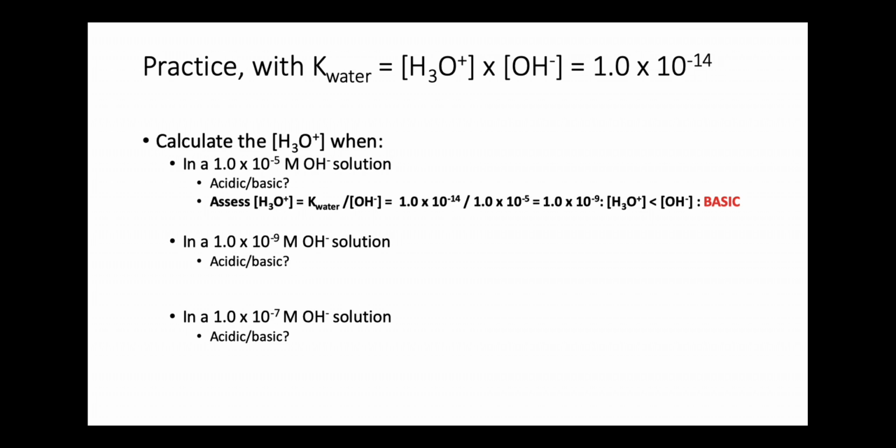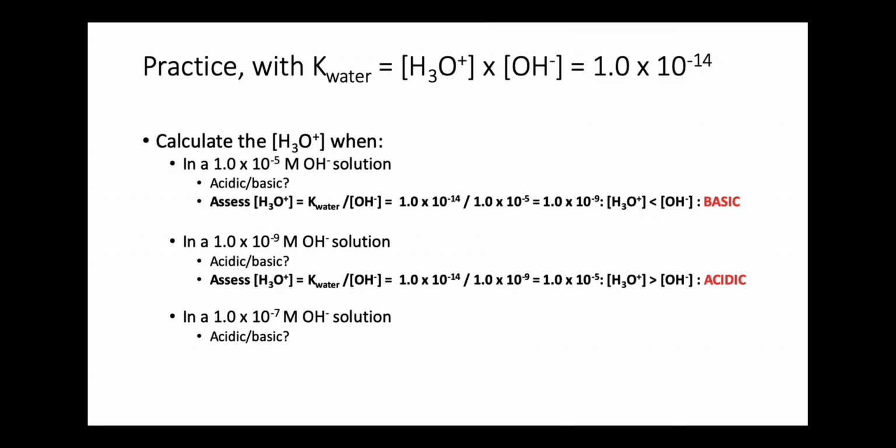Next one, the other way around. Now I have 1.0 times 10 to the negative 9 M OH-. Is it acidic or basic? So we can assess H3O+ again, the water constant over the concentration OH-, and that gives me 1.0 times 10 to the negative 5 for H3O+. Then the H3O+ concentration is larger than OH-, so acidic.